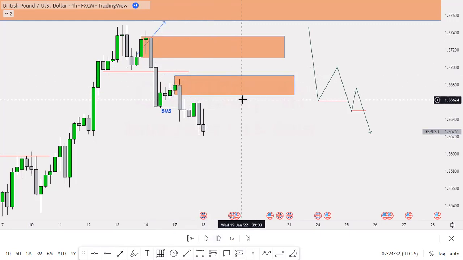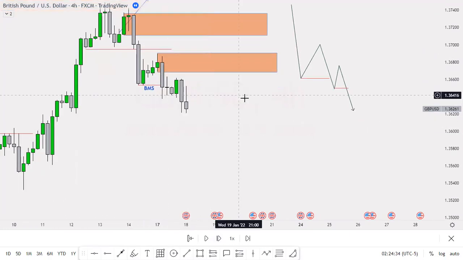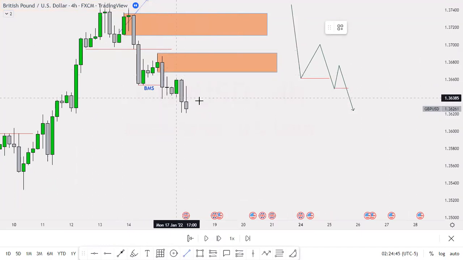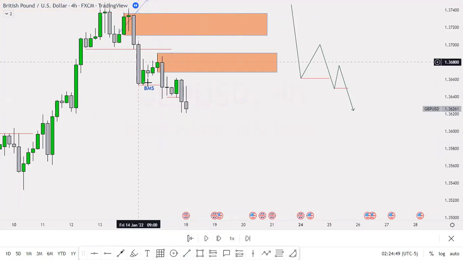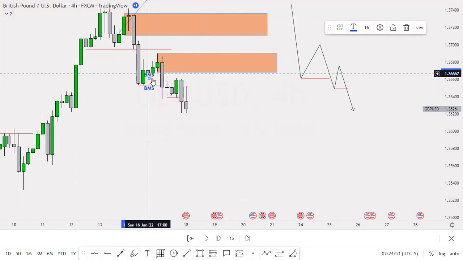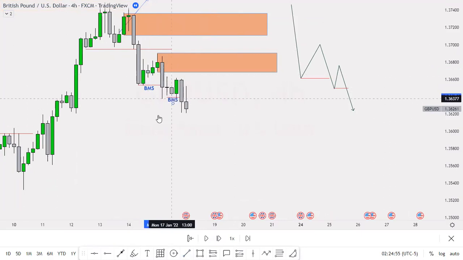So what we are going to do is just look at how the market is reacting. But again, if you look closely, after this break of market structure, we had this low, high, low. So there's a break of structure here. Break of structure there. That's great, because in a higher time frame we cannot see clear market structures.